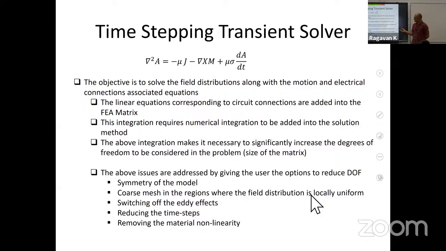And sometimes switching off the eddy effects helps the mesh creating engine to put a mesh that is coarse in the area where you are not solving for eddy currents. And reducing the time steps: if you know what is your fundamental frequency and what is the maximum expected EMF harmonic in your simulation, then you make the time steps as coarse as possible.